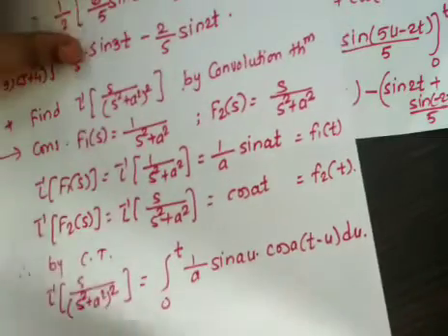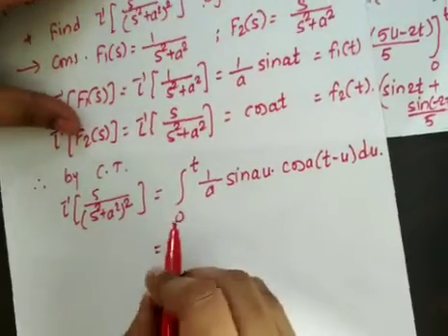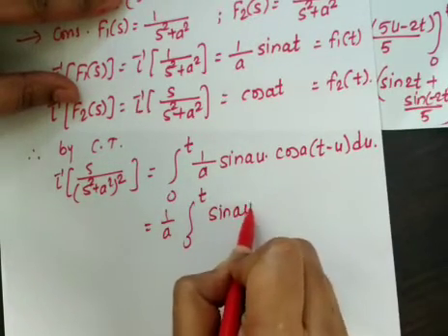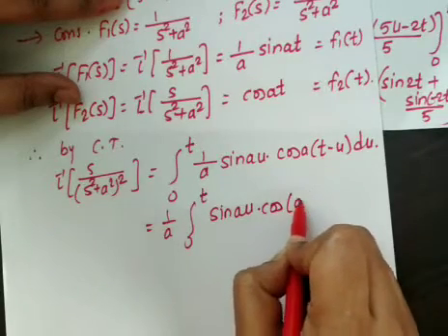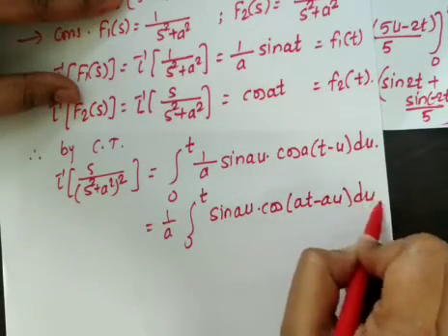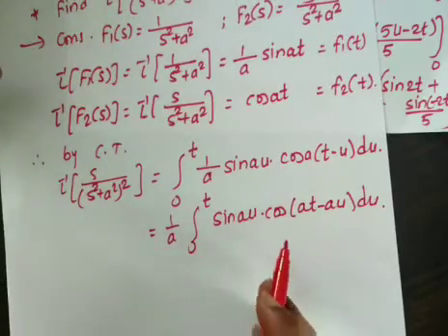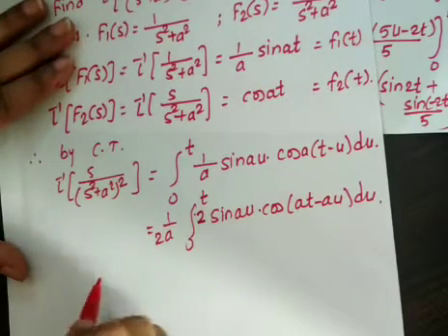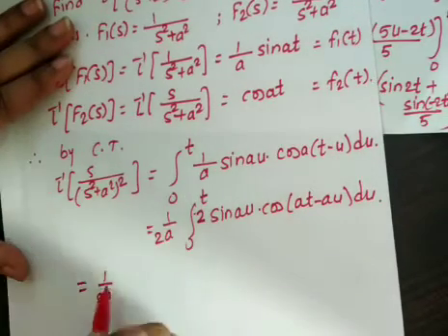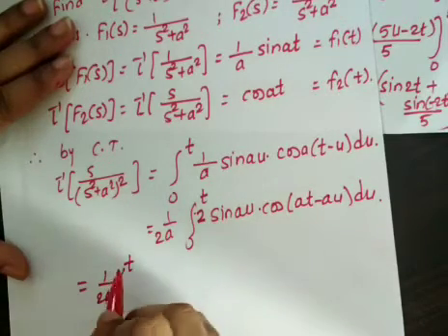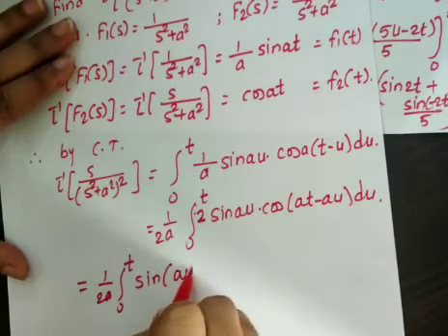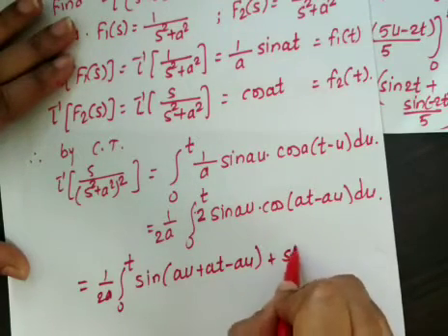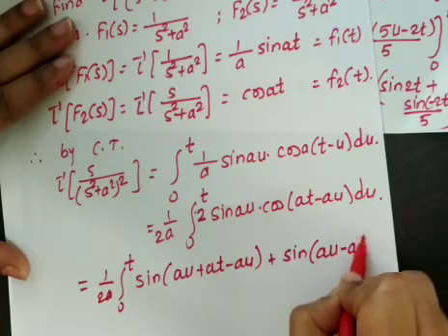As there is 1 upon a constant, we will take it out, that is 1 upon a integration 0 to t sin au into cos(at minus au) du, and this is of the form sin A cos B. We have a formula for 2 sin A cos B, so multiply and divide by 2. So we get 1 upon 2a integration 0 to t, where sin A cos B is sin(A plus B) plus sin(A minus B): sin(au plus at minus au) plus sin(au minus at plus au).